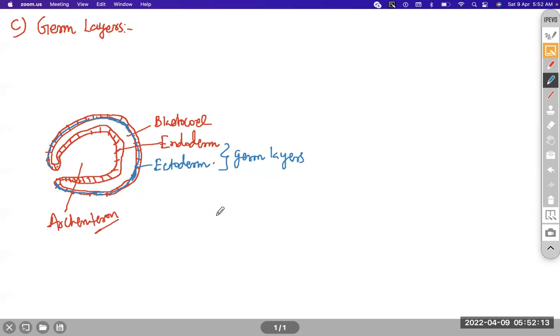That cementing action of mesoglea binds these two layers, ectoderm and endoderm. Okay. You should not confuse between mesoglea and mesoderm.